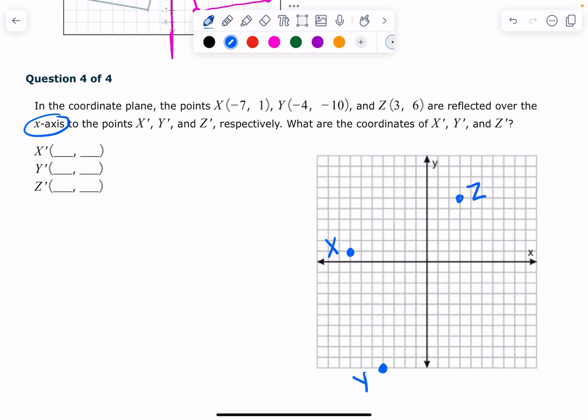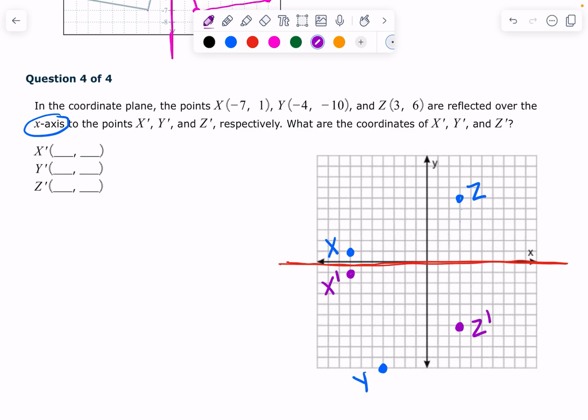Okay, they're reflected over the x-axis. So remember, the x-axis is this horizontal one. So everything's going to fold over that line. So X prime will come down here. Z prime, let's see, it was 6 above, so 1, 2, 3, 4, 5, 6 below.